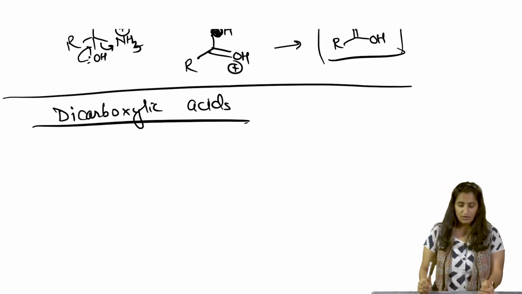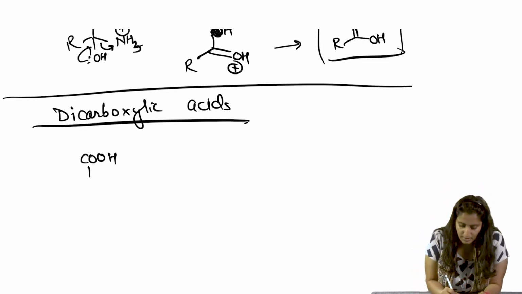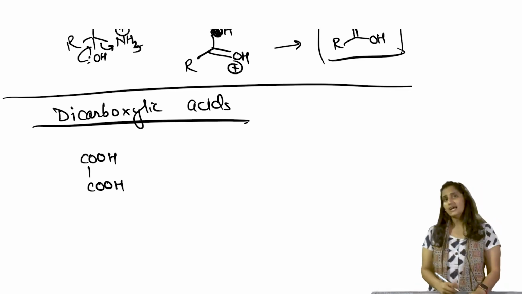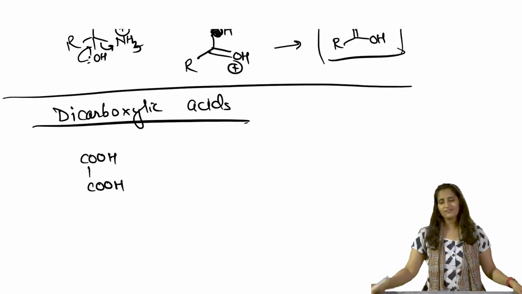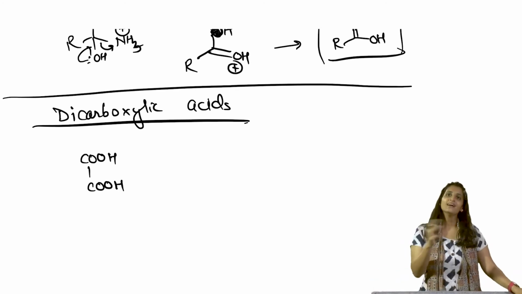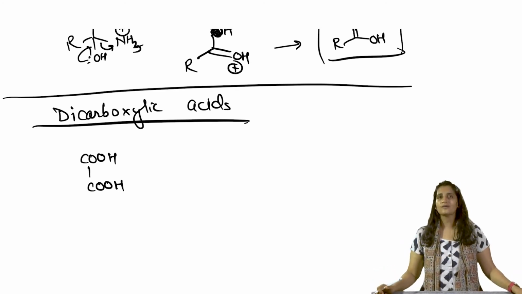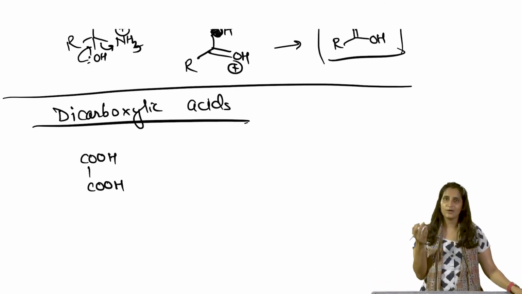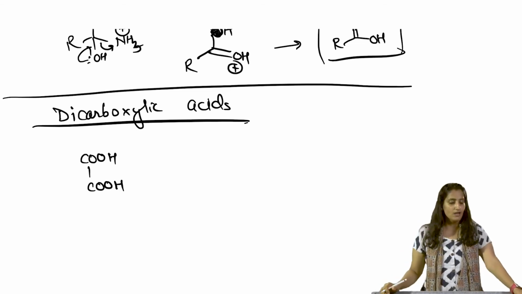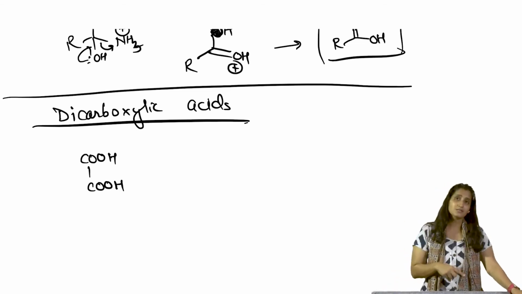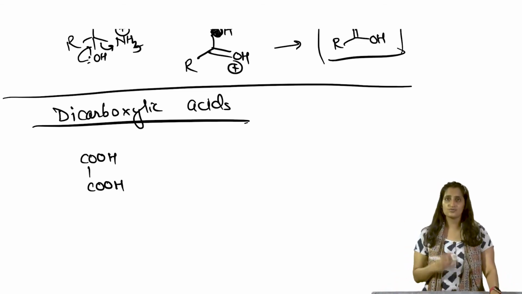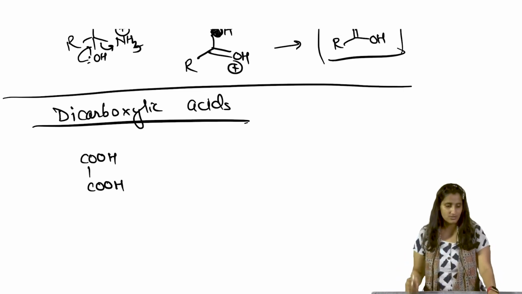So, we know oxalic acid, for example, the simplest dicarboxylic acid. You might have used it in analytical chemistry to figure out the exact molarity of NaOH solution, but it is also used as a bleaching agent, and it is used very often in the paint and pigment industry.